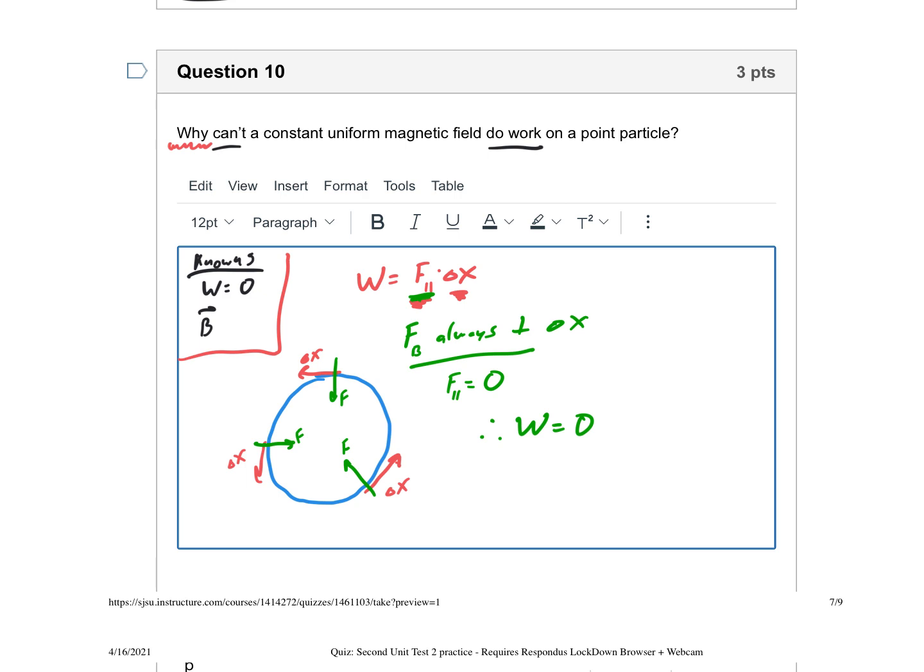Putting it plainly, why can't a constant uniform magnetic field do work on a point particle? Because the magnetic force is always perpendicular to the charge motion. Period.